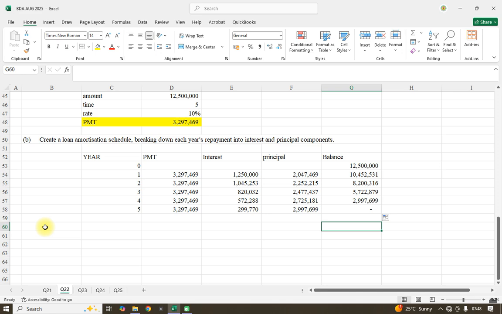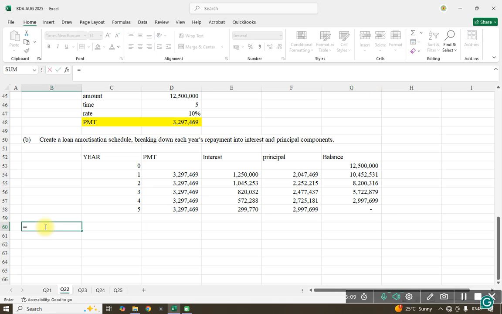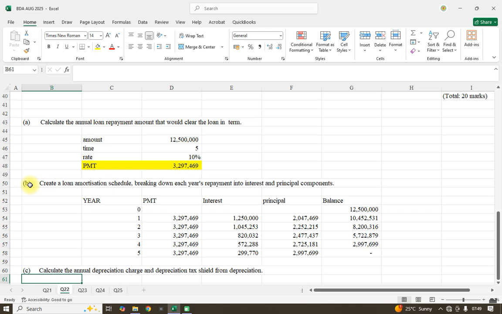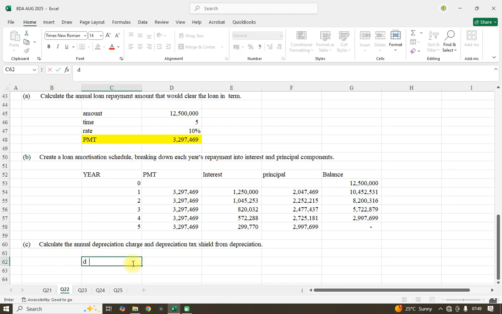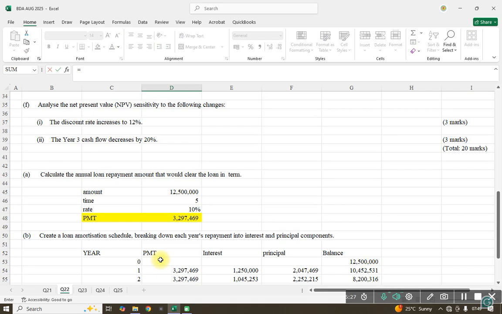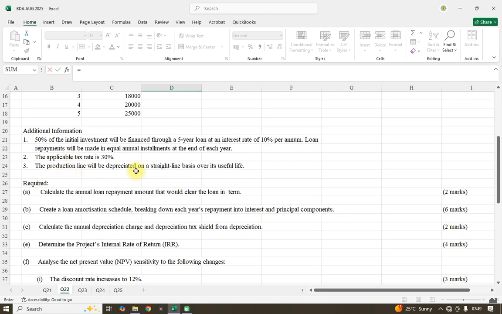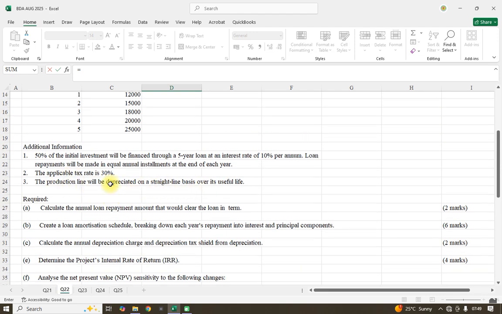Then the other part of this question, part C now, is to calculate the annual depreciation charge and depreciation tax shield. So our depreciation charge: we are told that the production line will be depreciated on straight line basis over its useful life.